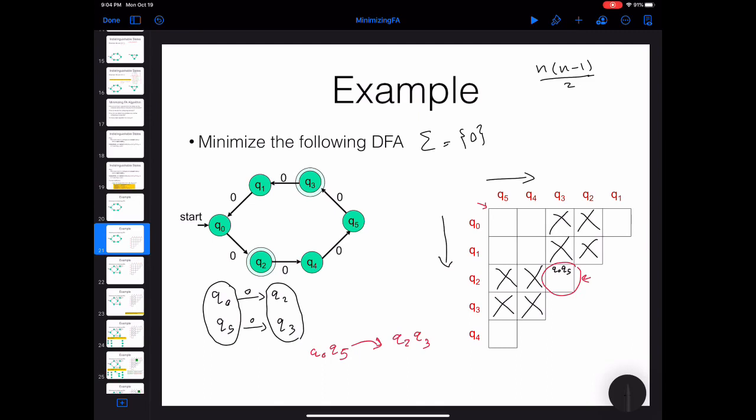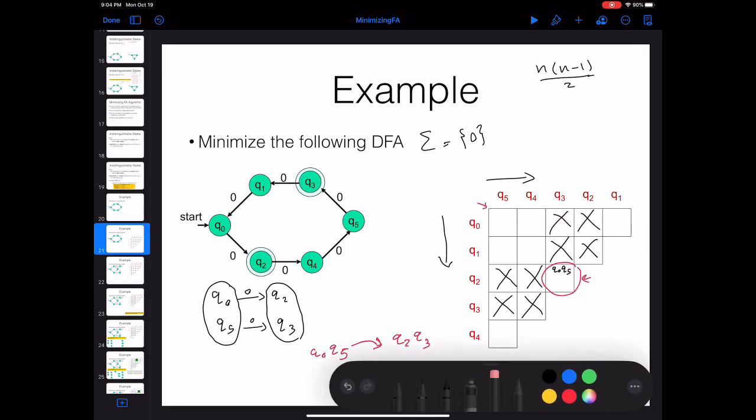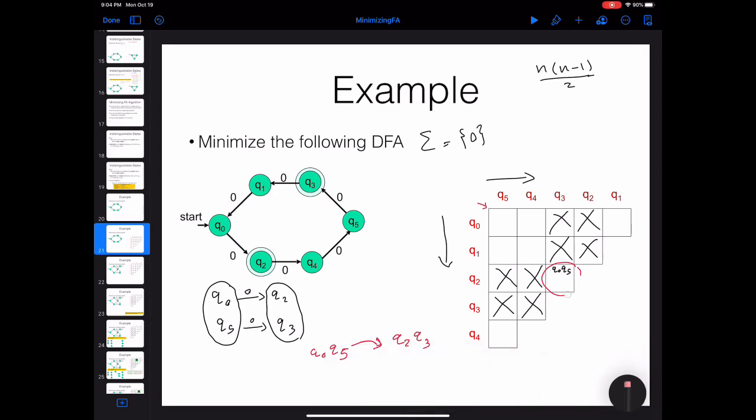Whenever I decide about Q2 and Q3, I can also decide about all those pairs that depend on Q2 and Q3. So far I will let it go, and I have stored all these dependencies. Let me just do some cleanup here. Okay, so we are done with the first cell.